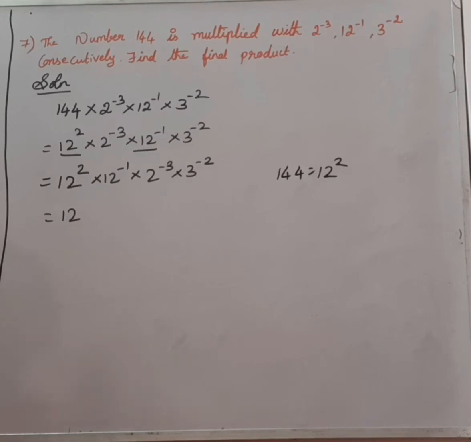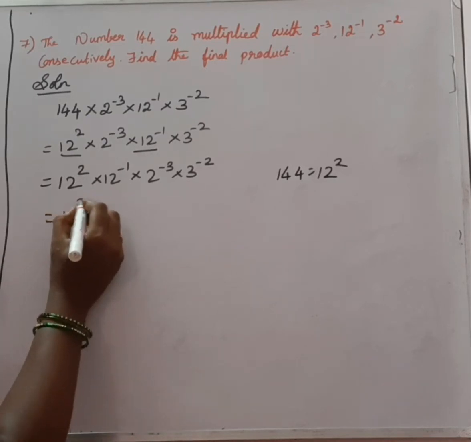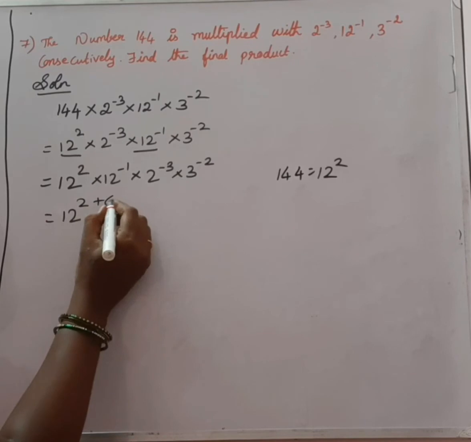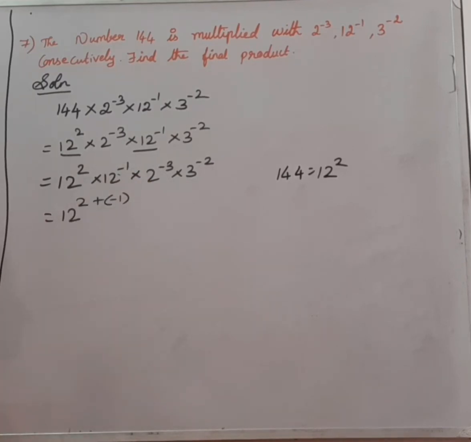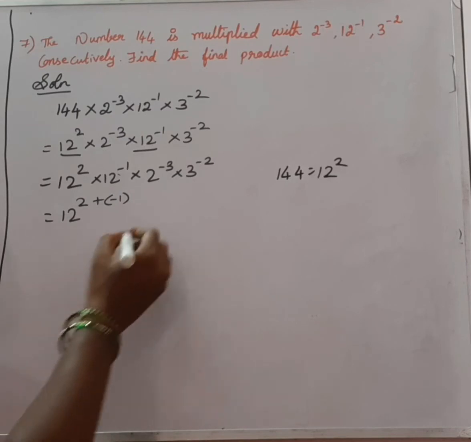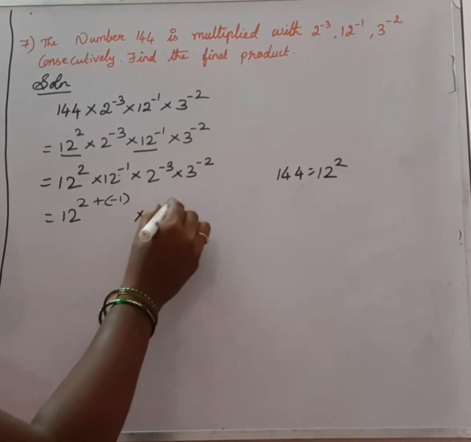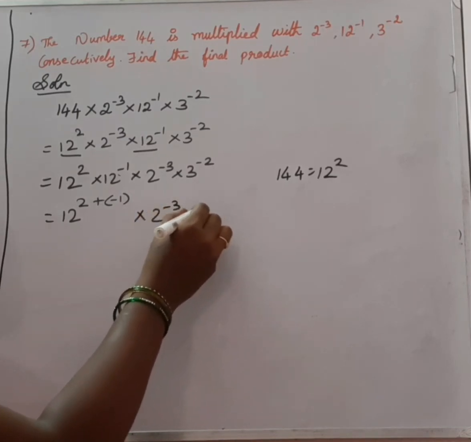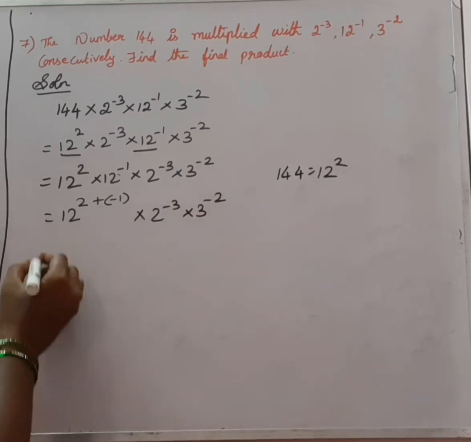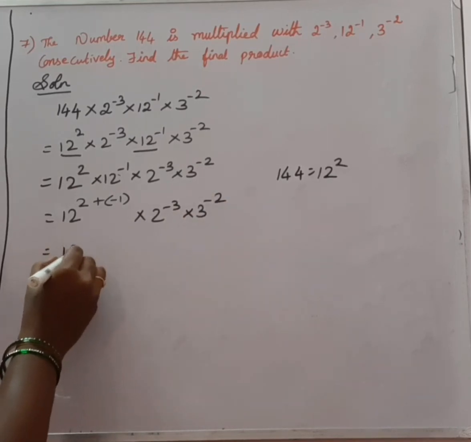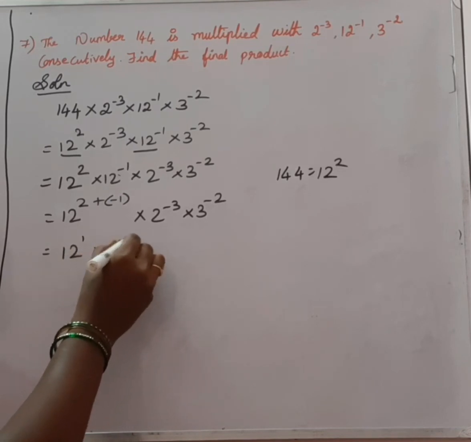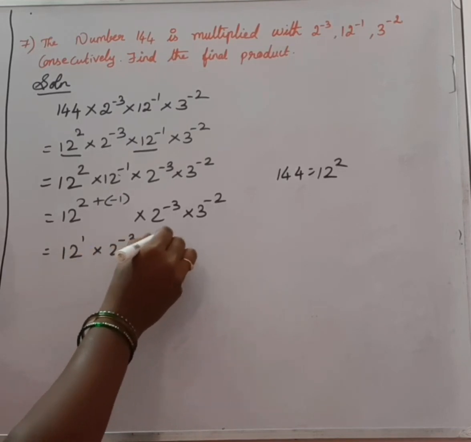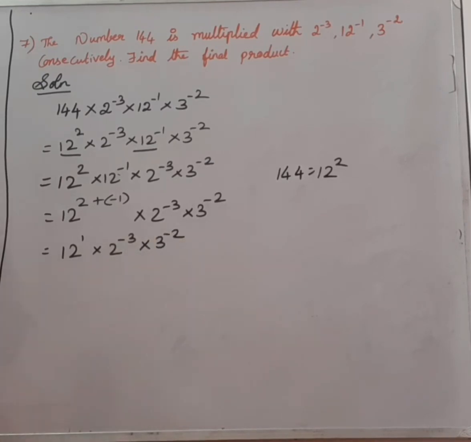Very good, we want to add the exponents. So 2 plus minus 1, because in the second term we have minus 1, into 2 power minus 3 into 3 power minus 2. Now it becomes 12 power 1 into 2 power minus 3 into 3 power minus 2.